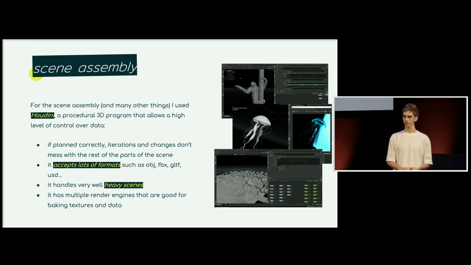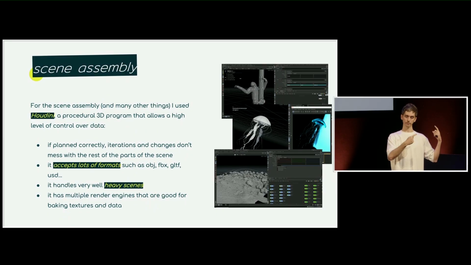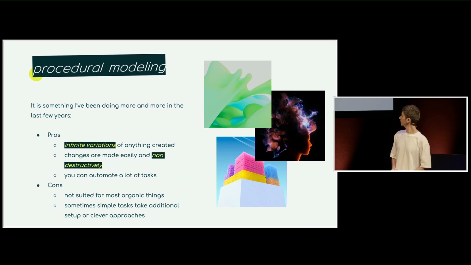That means if you change one thing, you don't do it manually, you don't just drag things and that's it. You try to do it in a way where changes are automatic. So if someone tells you, I want the light coming from a different side, and I want the simulation to do something else, in Houdini that's doable. In other programs, it's really hard to do that. So I use that for this.